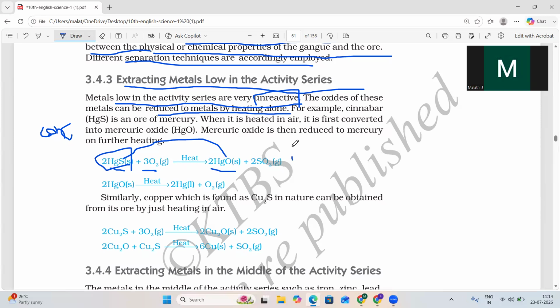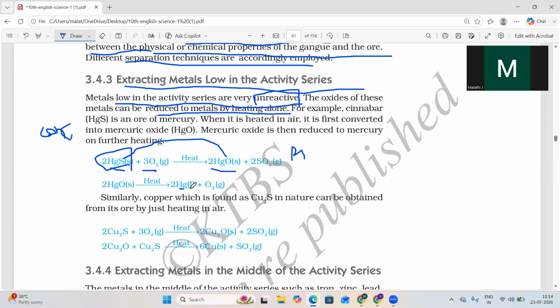This process is called roasting. In the presence of excess oxygen, if we heat the ore, mercuric sulfide, we get mercuric oxide. Then, if you heat this mercuric oxide, what will happen?